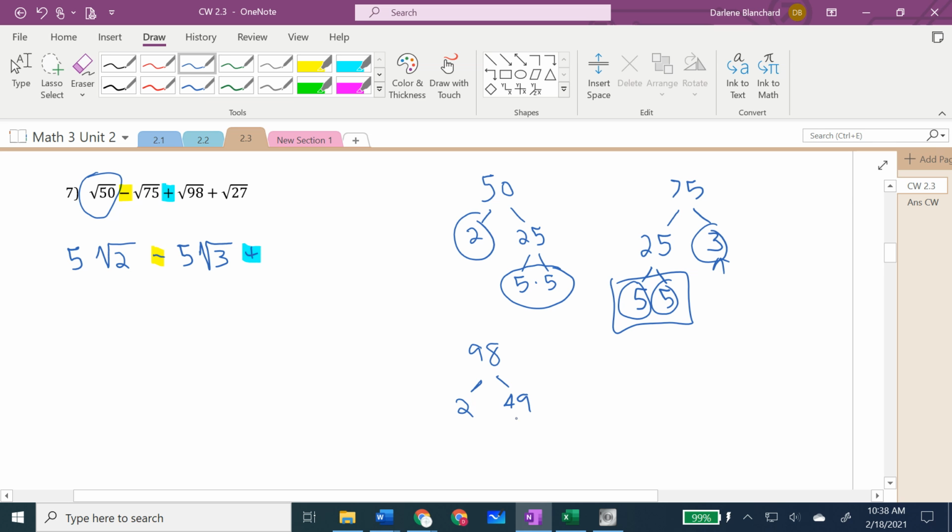It's a perfect square number. The 49 can have its square root taken, and the 7s merge into a single 7 when I take the square root. The 2 stayed single, so it stays as is.